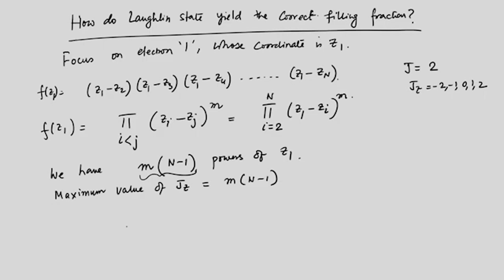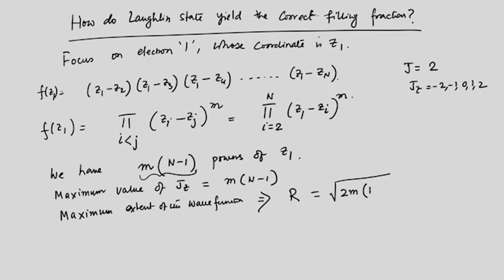So, this is the maximum value of jz, and the maximum extent of the wave function is given by r, which is equal to the square root of 2m(n minus 1) times LB, with LB outside the square root.